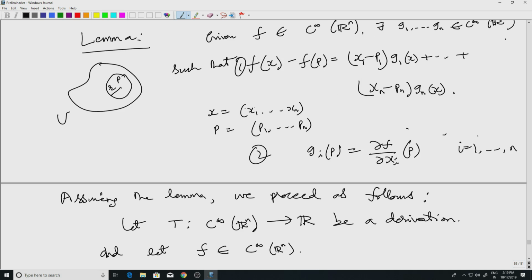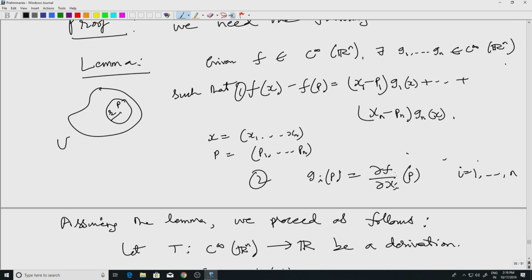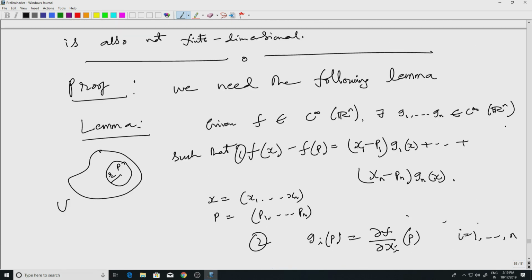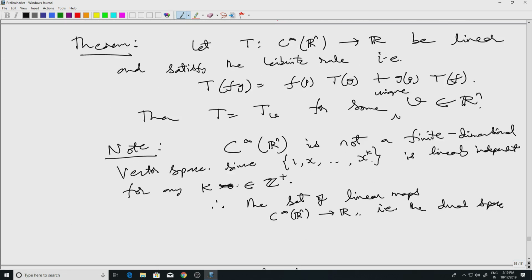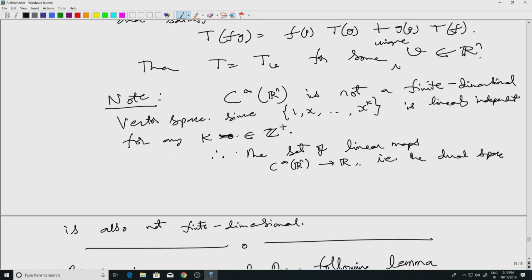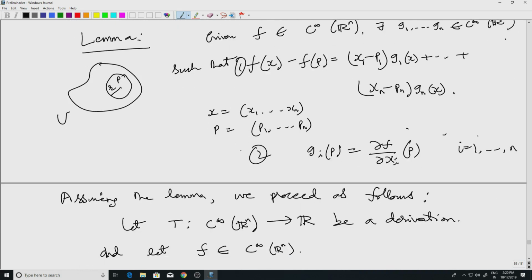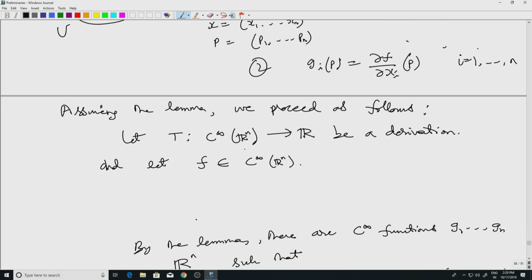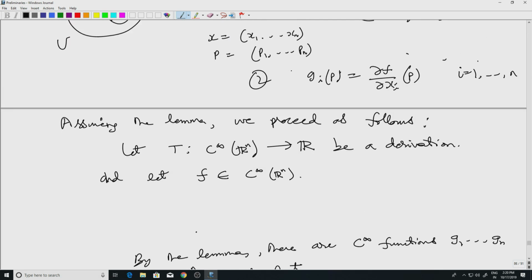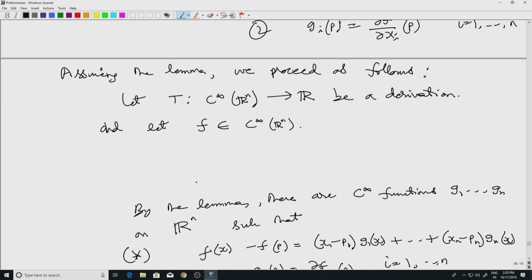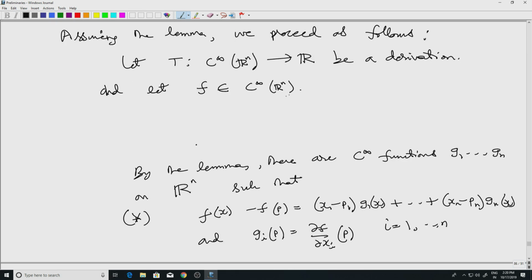So let's see why, if we have this lemma, we'll get the result that every derivation is actually a directional derivative. So assuming the lemma, we proceed as follows. I'll prove the lemma once we are done with the proof of the main theorem. So we start with a derivation T and a function f, an element of C infinity R^n.